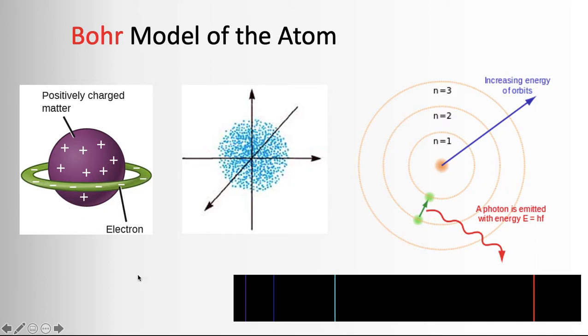In fact, at any given time, the electron might be around here, or over here, or over there, or all the way over here. So it doesn't follow a well-defined path.